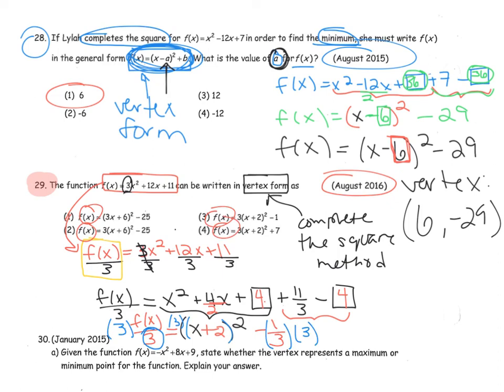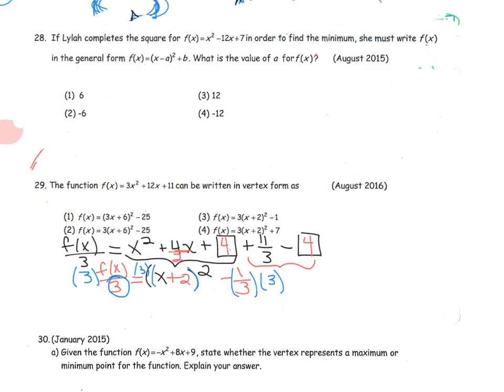Okay. All right, now I'm going to write this a little bit cleaner, so just give me a second. All right, so now we can clean this up. So what our line looked like over here was f of x over 3 is equal to (x plus 2) squared minus 1/3. That's what we had. We said we're going to multiply everything by the reciprocal, so everything is getting multiplied by 3.